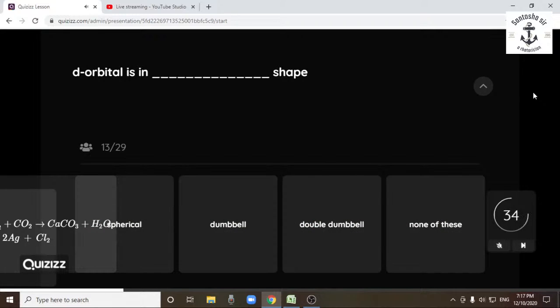D orbital is in dash shape. 30 seconds. Seconds. 20 members already answered out of 29 participants.